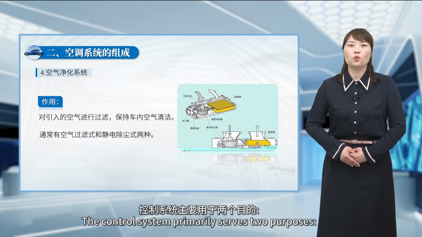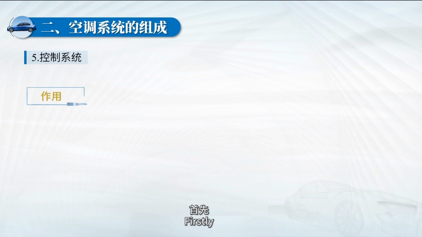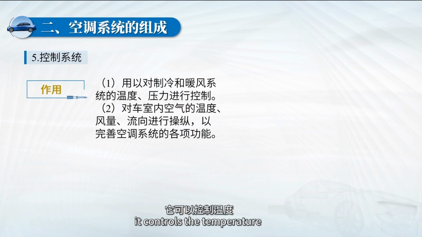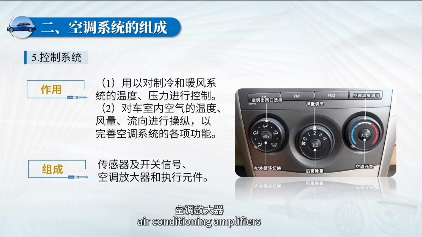The control system primarily serves two purposes. Firstly, it controls the temperature and pressure of the refrigeration and heating systems. Secondly, it controls the temperature and airflow direction to optimize the various functions of the air conditioning system. It is composed of sensors, switch signals, air conditioning amplifiers, and executive components.